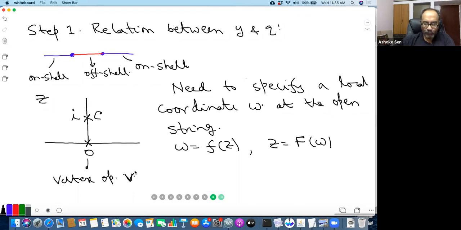Then what one should insert at this point is not V at 0, but you have to first conformally transform V by this conformal transformation F, and you insert that at 0. Let me give some example. That should make it clear. Suppose the vertex operator V is c. So this is the dimension -1 primary.